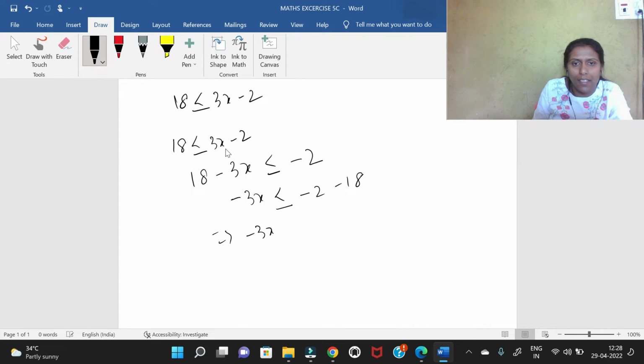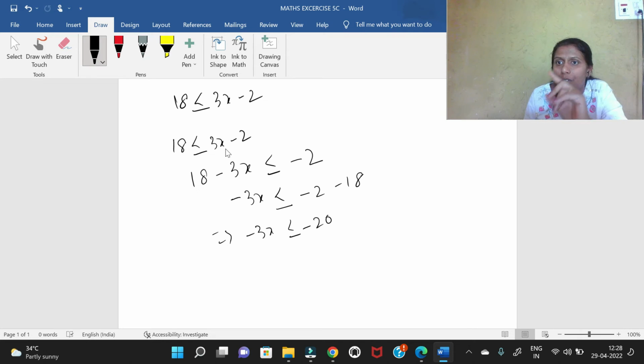Minus 3x less than or equal to minus 20. What does it mean? I'm changing the sign so that the relationship also gets changed, which is 3x greater than or equal to 20, correct?